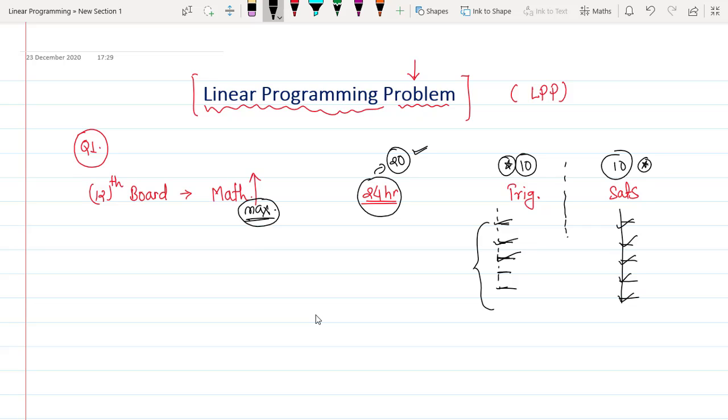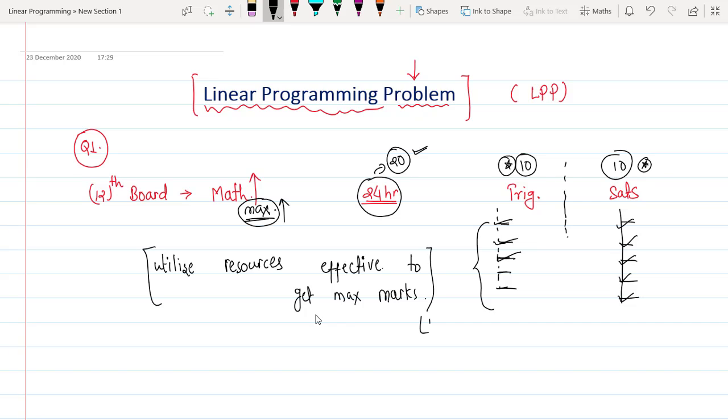Whatever you want to do, whether you want maximum profit or maximum marks, we utilize whatever resources are available with us in a very effective way. So to get the maximum marks in this example, this is nothing but the linear programming problem. I hope you have understood what we mean by LPP.